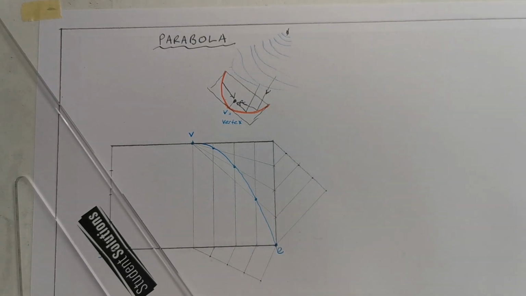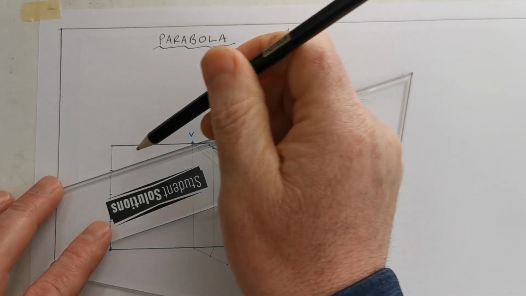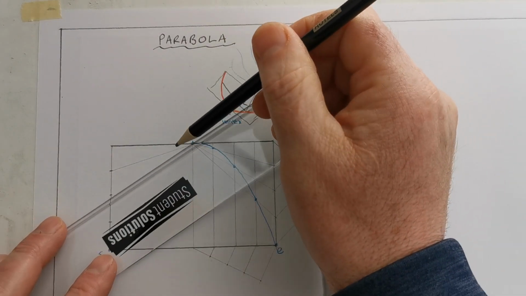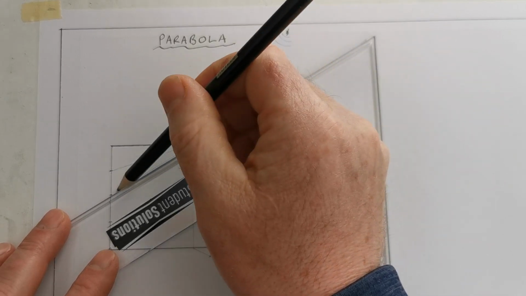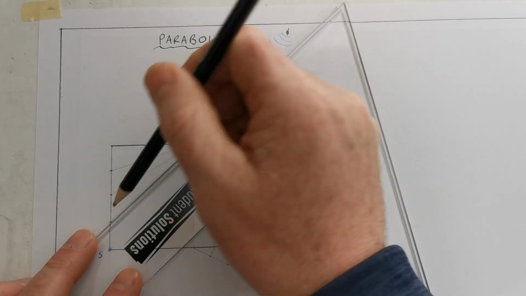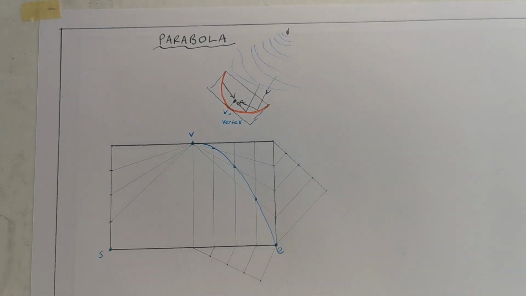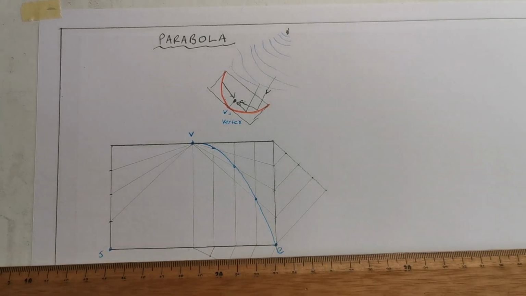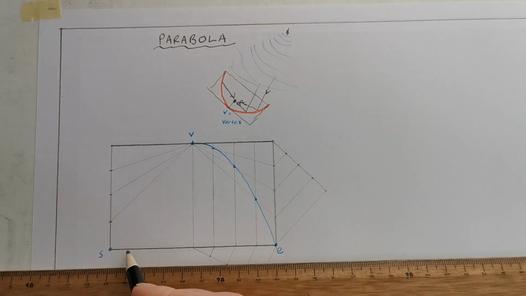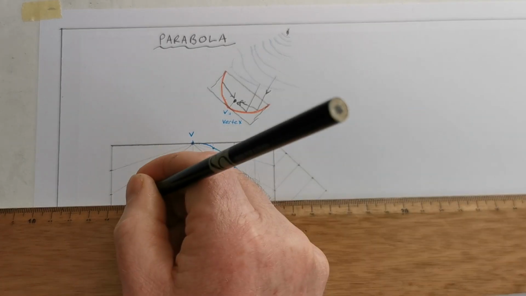And I'm going to do the same at the other side. So just join those up to the top, or to the vertex. And now I could mark these distances along the bottom with my compass and go vertically, or I can just step these heights across.